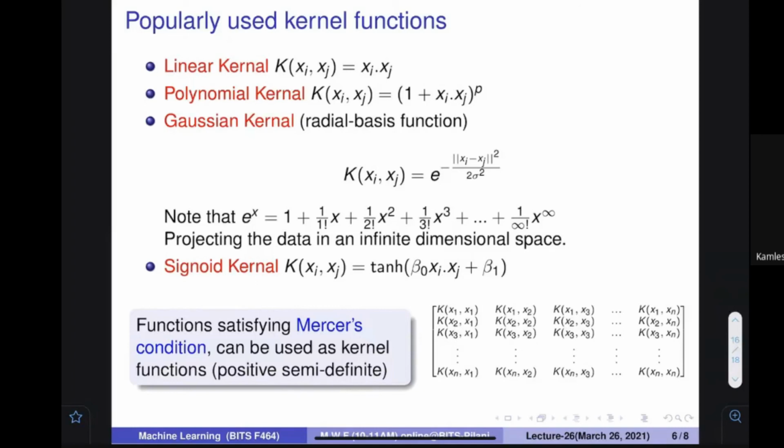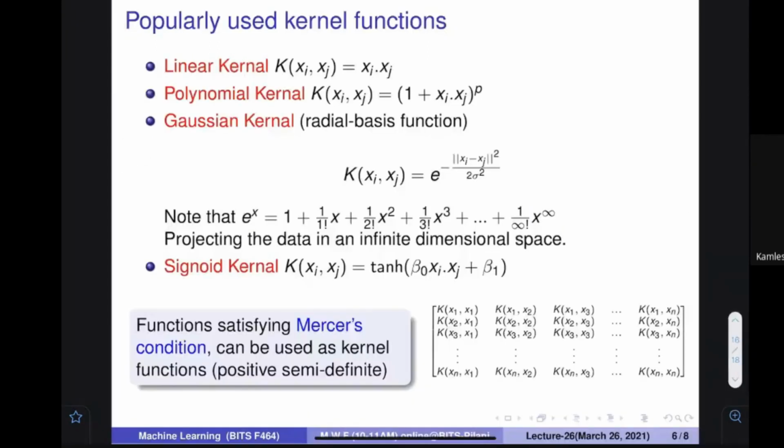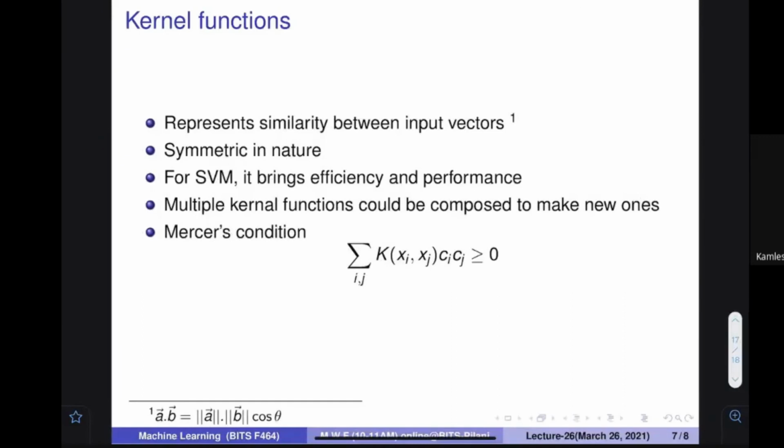When this matrix is positive semi-definite, it is very much required for doing some reverse computations also. We are not going much into the mathematical detail for this, but if you are interested, you can see that Mercer's condition needs to be satisfied for any kernel. Then you can find this kind of representation.